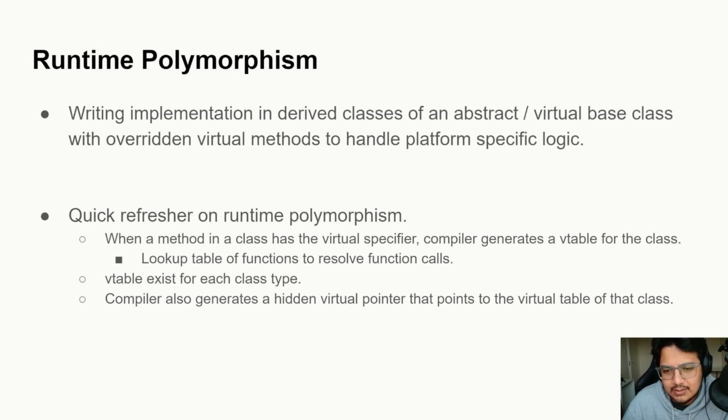So if you have two objects of the same derived class that has a virtual method, they will still point to one vtable, which is the class's vtable. And aside from the vtable, the compiler also generates a hidden virtual pointer that points to the virtual table of that class.